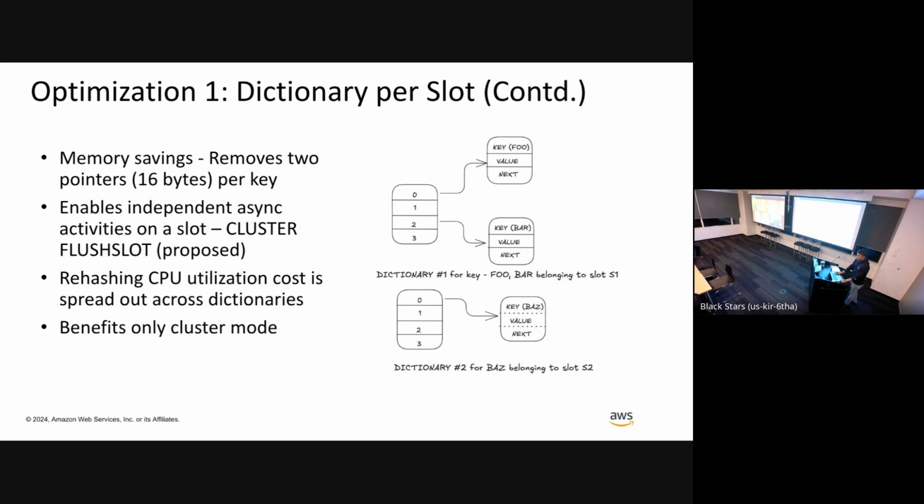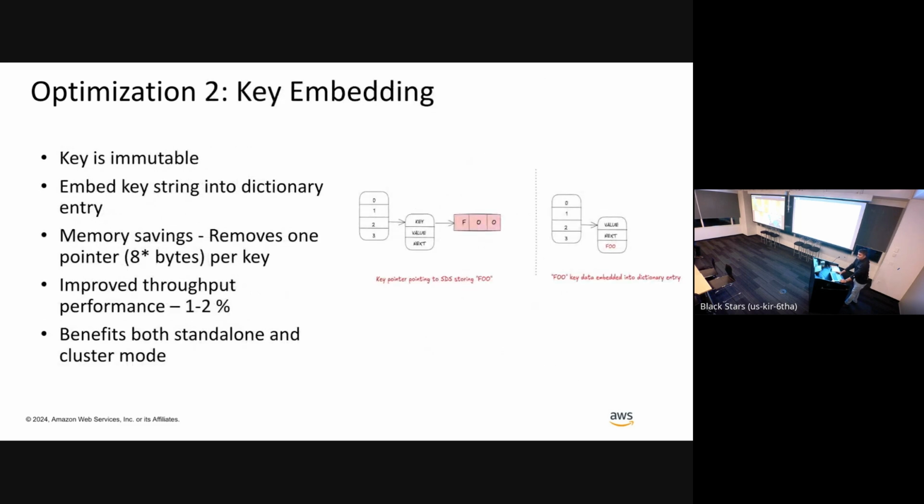Moving to the next optimization. This optimization is focused on both standalone and cluster mode. The key observation which we had, as you see in the diagram on the left side, is that when you get the bucket, we have these multiple pointers to store the key, value, and next. The key is something which is immutable and has the same life cycle as the dict entry.